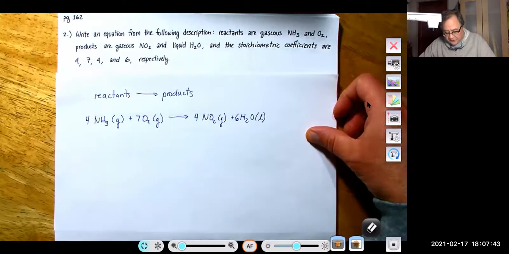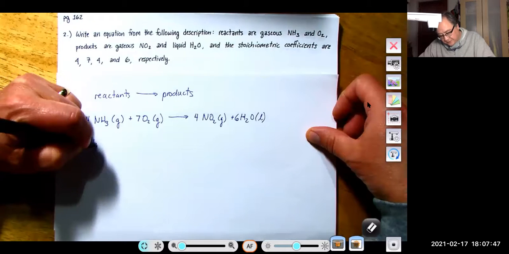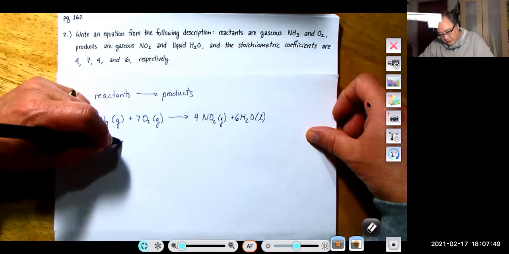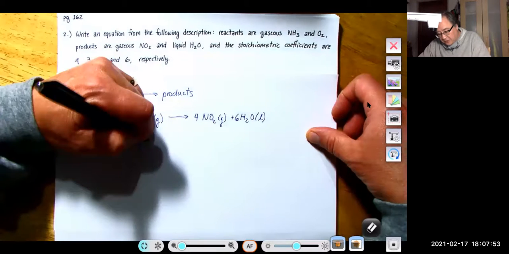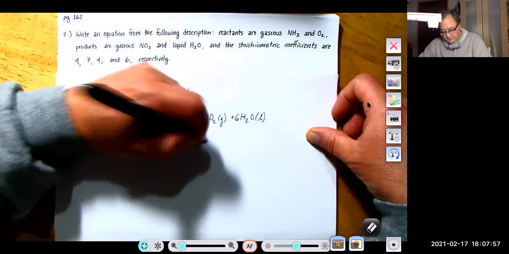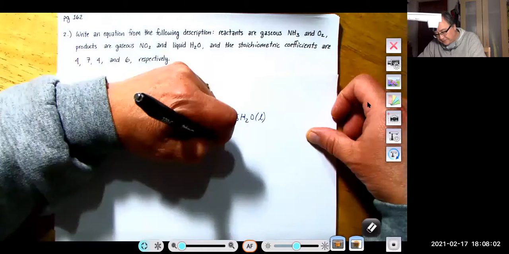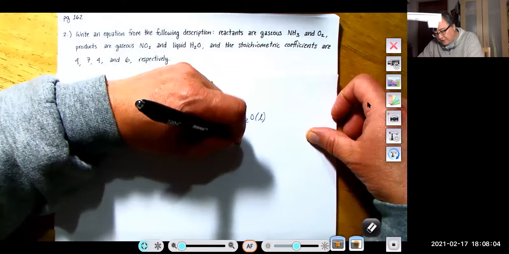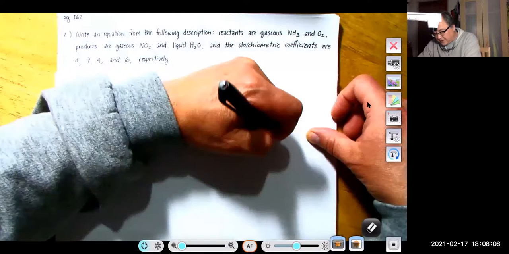Now, what do these coefficients mean? They mean that 4 molecules of NH3 is equal to 7 molecules of O2 is equal to 4 molecules of NO2 and is equal to 6 molecules of H2O.